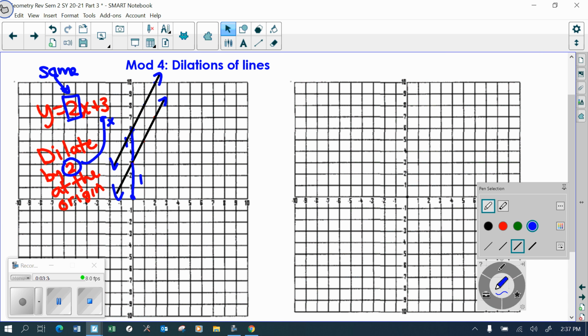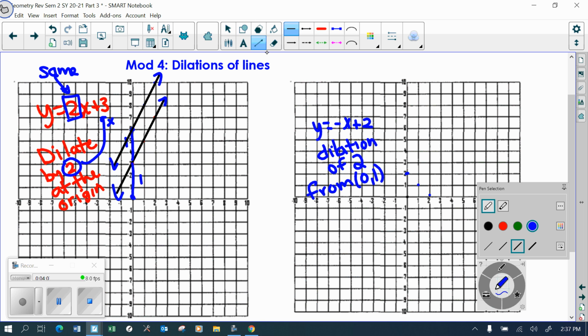So the one I messed up on is if, for example, it was y equals negative x plus 2, dilation of 2 from (0, 1). So this time it's not from the origin. So I graph the line. Start at y-intercept of 2, go down 1, right 1.